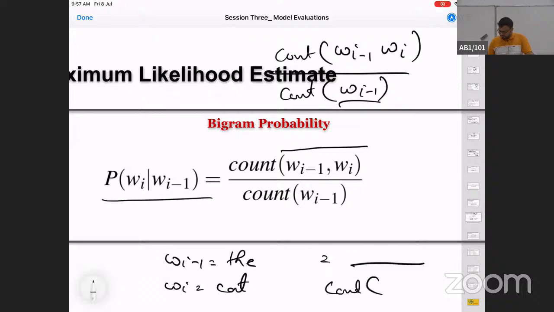Count of "the". In the numerator, in your huge corpus from where you are computing these probabilities, how many times the word "the" is present will come in your denominator. And out of that, how many times "the" is succeeded by the word "cat". This is going to be the conditional probability of "cat" given "the". Is that correct? This is how you are going to compute these probabilities.